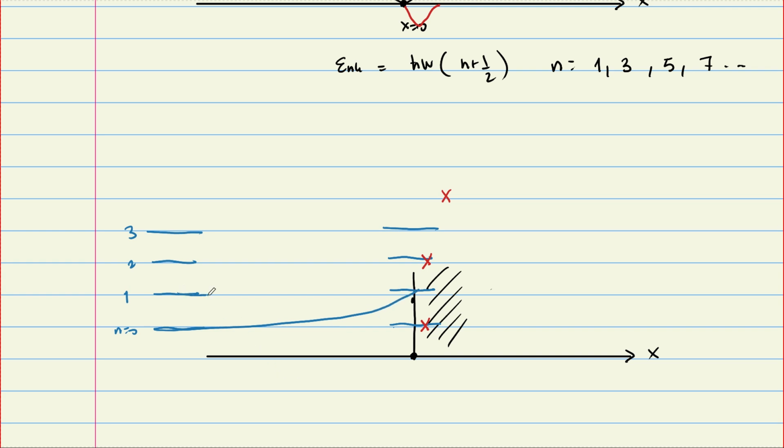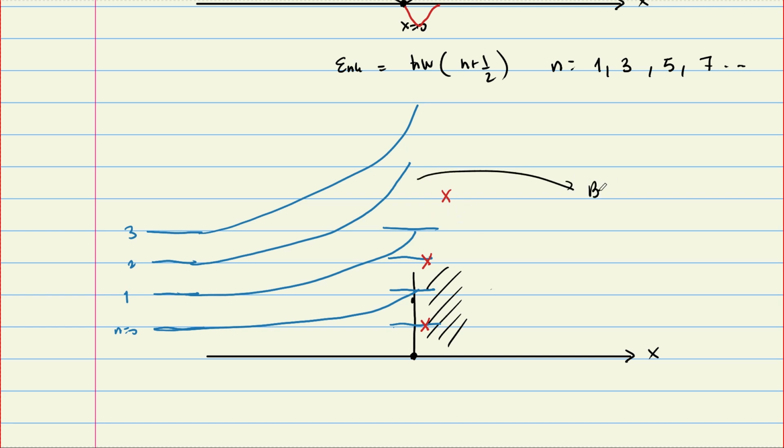This one is going to do something like that. And this one is going to connect to the third one, and so on. This is what we call bending at the sample boundary.